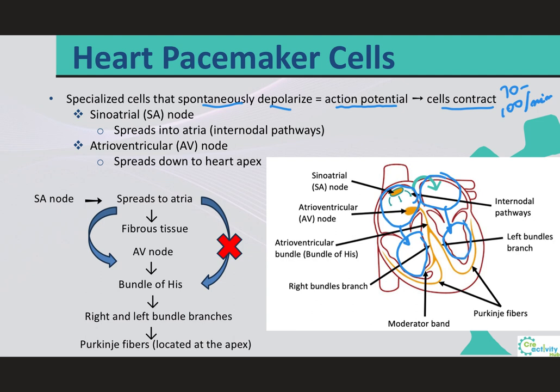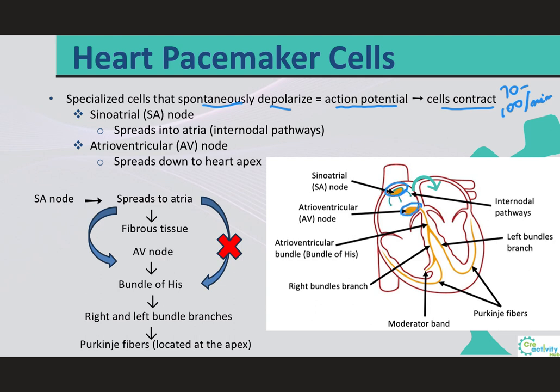Now, this electrical signal wants to spread down to the ventricles, but it actually can't because of this fibrous tissue between the atria and the ventricles, which will form the AV valves. So basically, this fibrous tissue prevents this electrical signal from going directly from the sinoatrial node into the atrioventricular node.